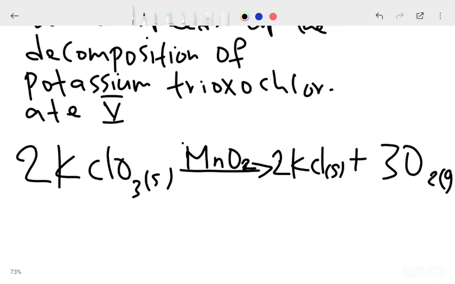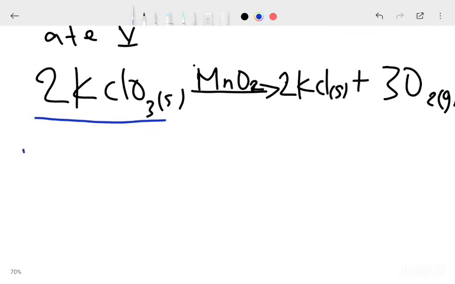Now take note, the decomposition of potassium chlorate(V). What catalyst is used? Manganese(IV) oxide, and it is a positive catalyst.